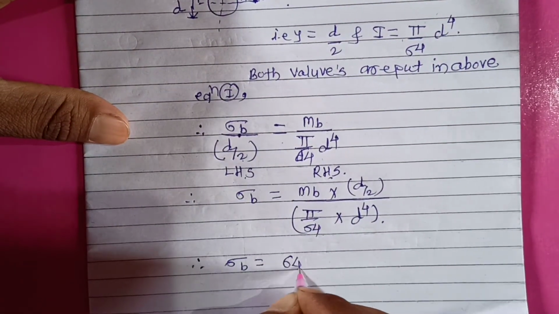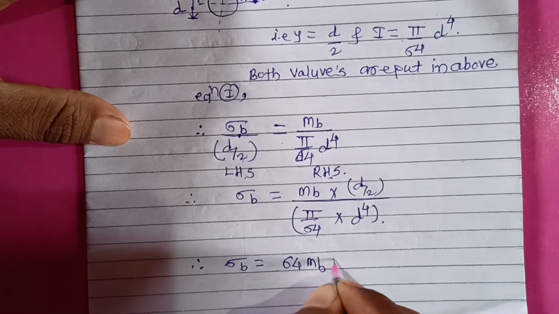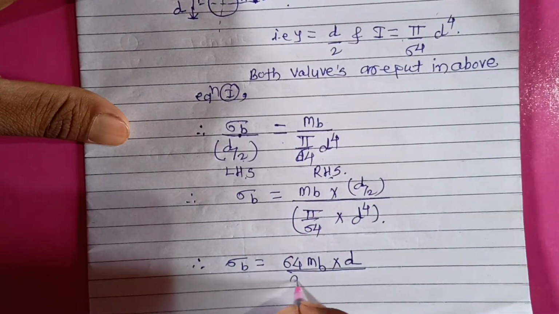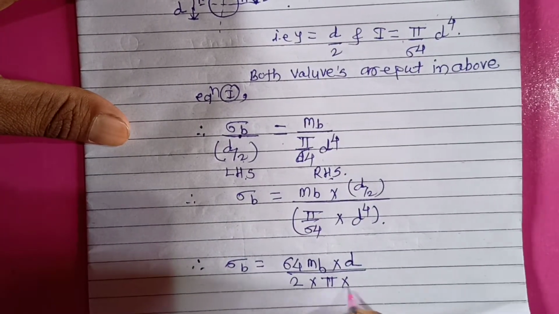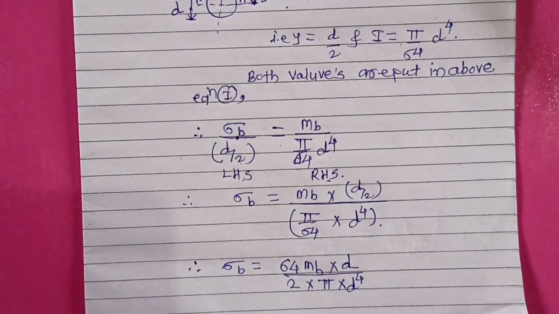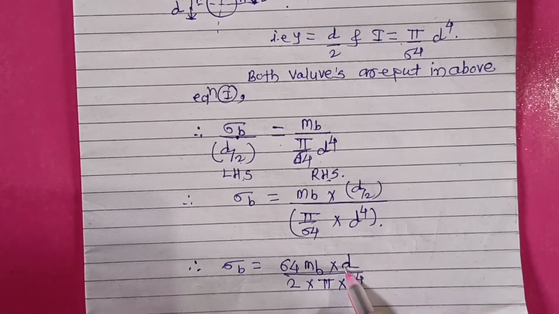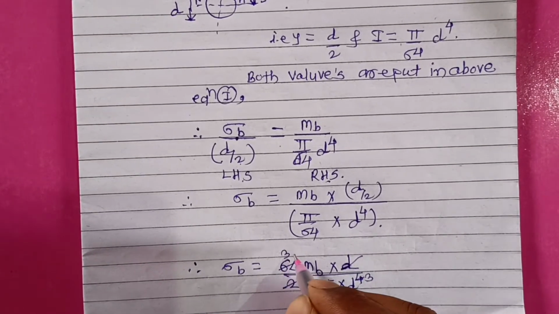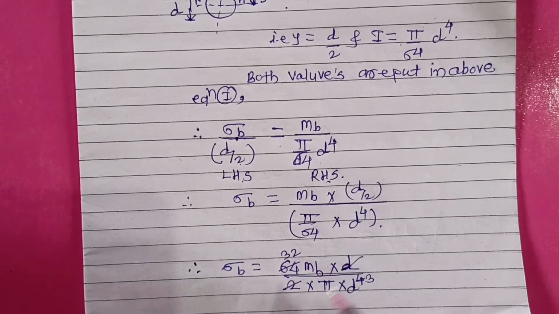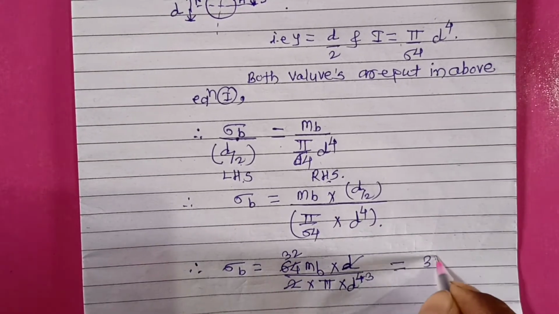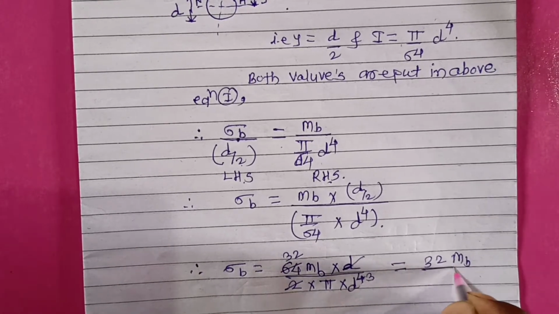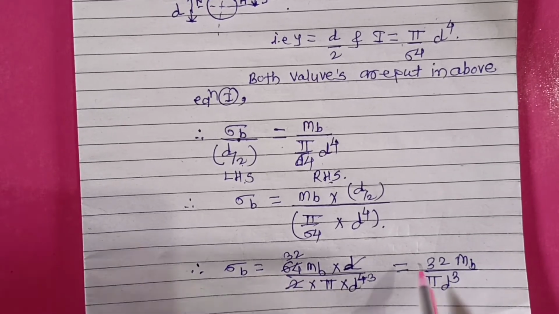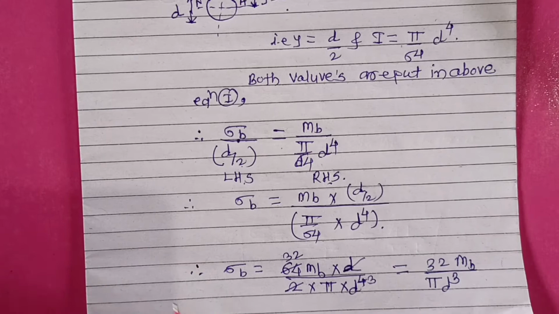It is nothing but 64 mb into d divided by 2 into pi into d raised to 4. Now see here, one d gets cancelled. Then 64 by 2 is 32. And the formula is 32 mb divided by pi into d raised to 3. And this is the formula of bending stress.